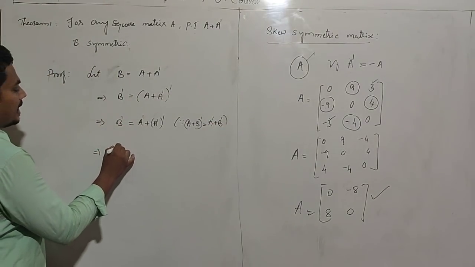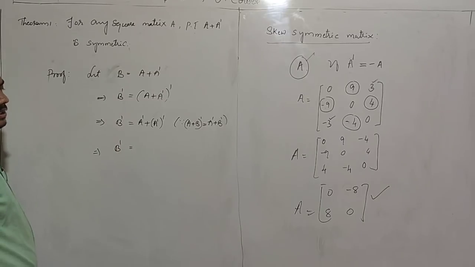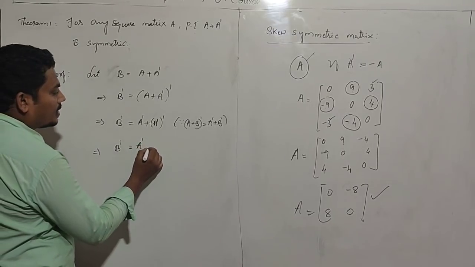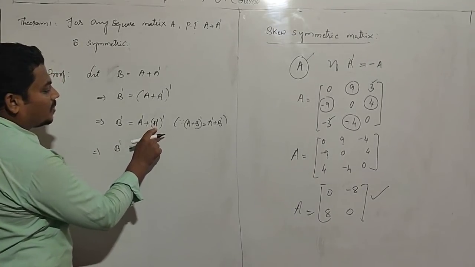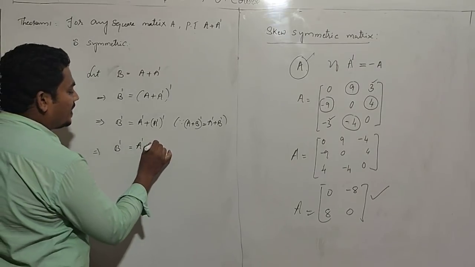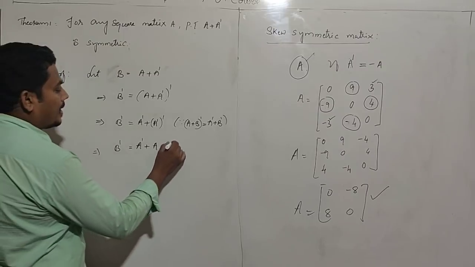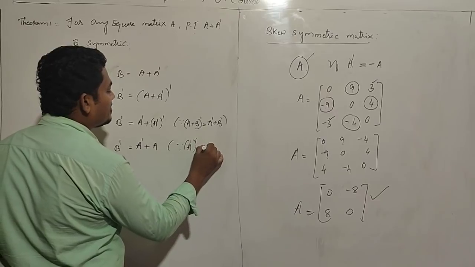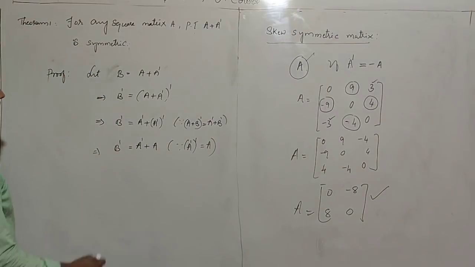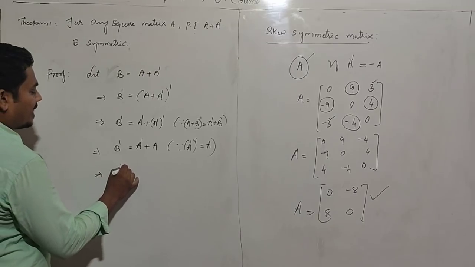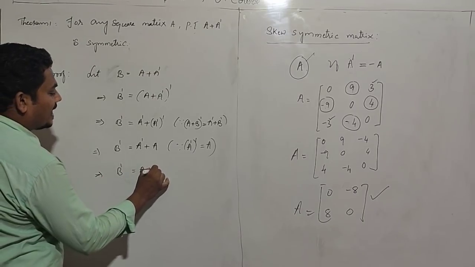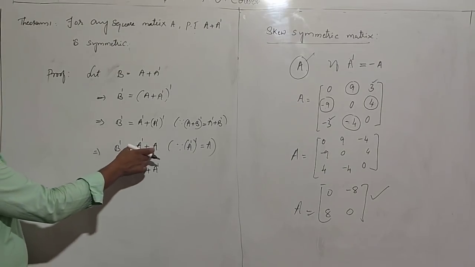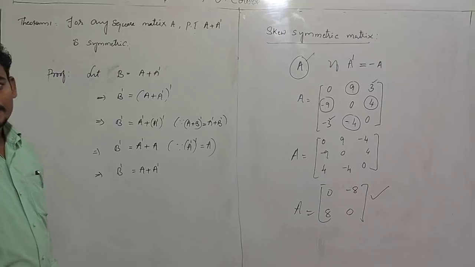After that, B transpose equal to A transpose remains as it is, plus what is A transpose of transpose? A transpose of transpose is matrix A only, because we have the property that A transpose of transpose is always A. After that, I will write B transpose equal to A plus A transpose instead of A transpose plus A, because matrix addition is commutative.